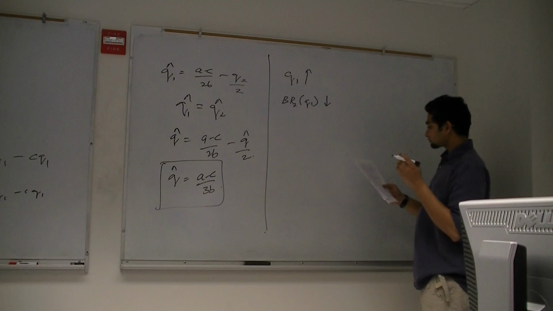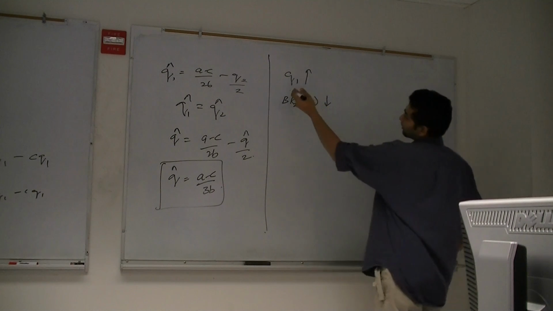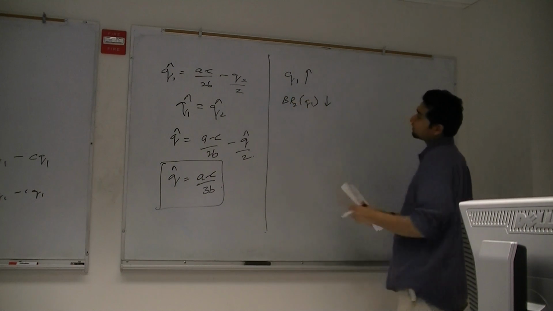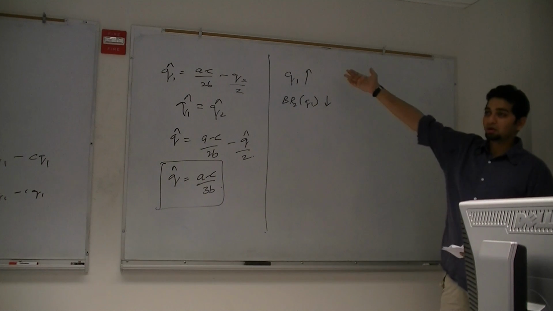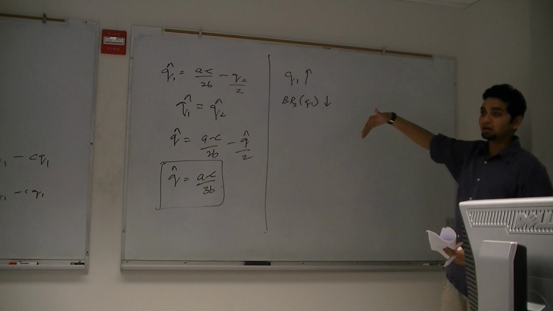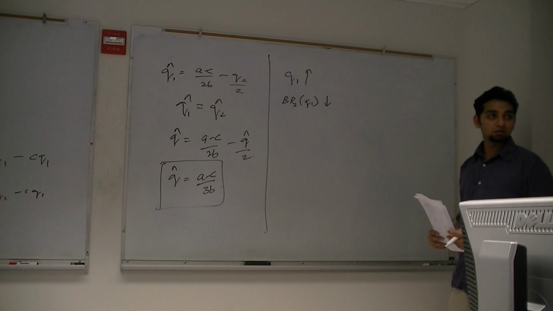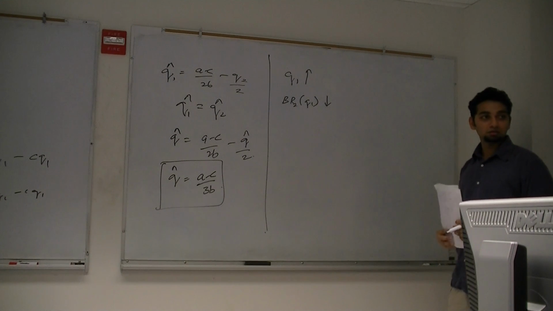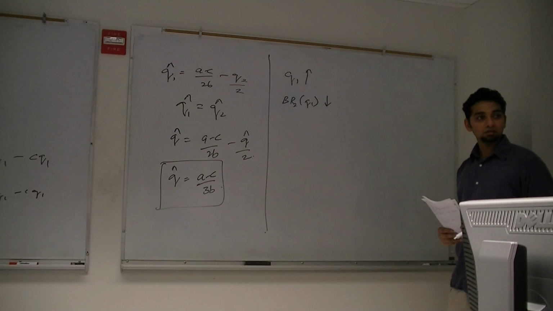And so if you're firm 1, you'd basically try to produce more in order for the best response to come down, right? If your opponent produces more and you produce less, you can sell less, so you can earn less.